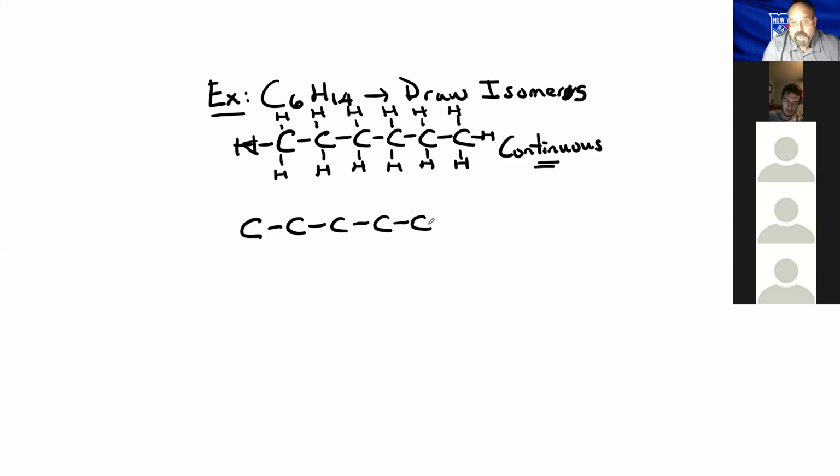But basically, I can pick anywhere else of the 3 carbons that are left and put the last carbon attached to one of them. And honestly, whether you put it up or down doesn't make a difference. And then I would fill in the hydrogens. 3 here, 1 here.